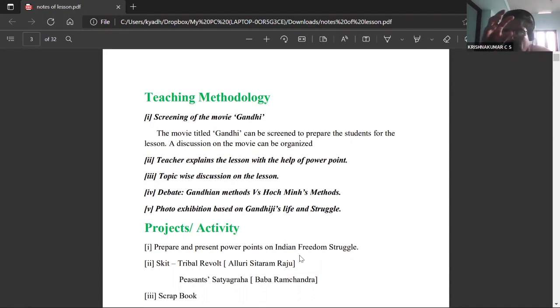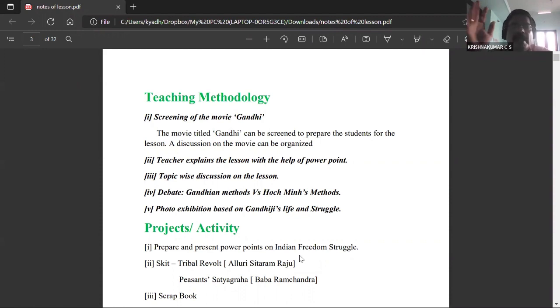So whatever part we need, like we need to teach them the Dandi March or the Salt Satyagraha, the Chauri Chaura incident, the Champaran movement, the Khilafat movement, or Jallianwala Bagh Massacre, that part alone also you can show. But it will be better if you can show the entire Gandhi movie to the children.